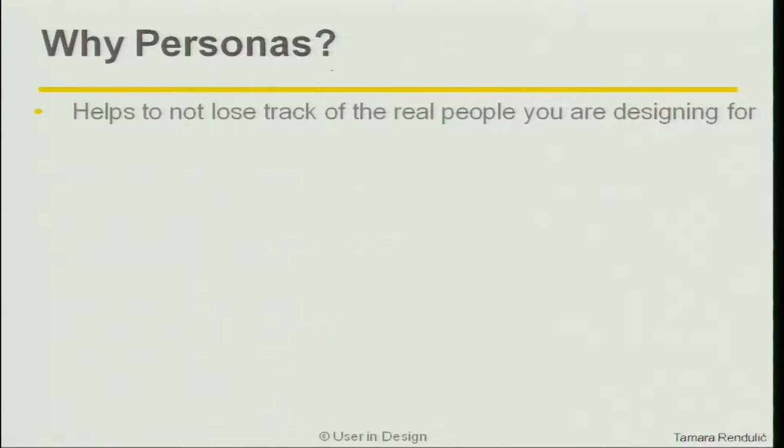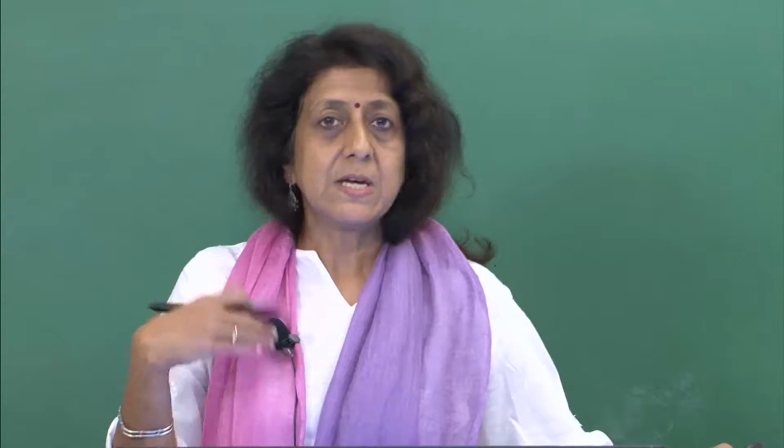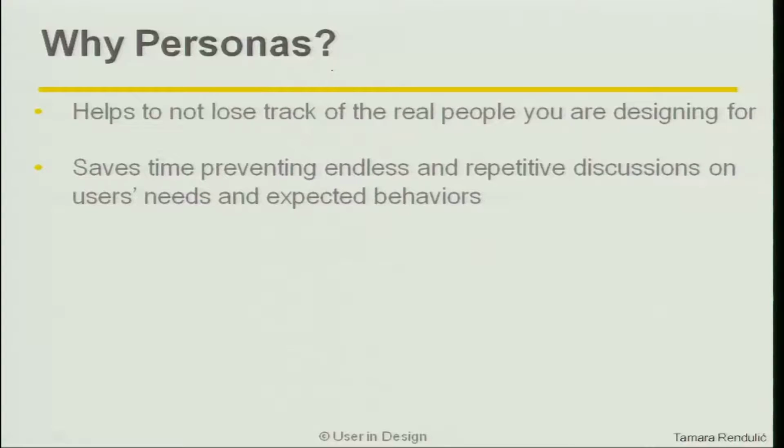Okay. Now, why do we create personas? We create personas so it helps us to not lose track of the real people that we're designing for. It's very easy to lose track and then to start designing for ourselves, assuming that we're the user. It saves time, prevents endless and repetitive discussions on user needs and expected behaviors.